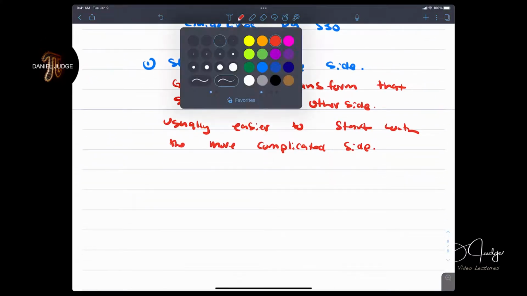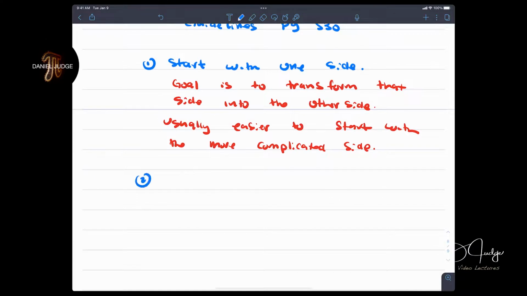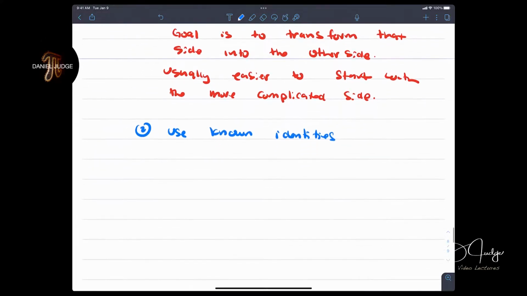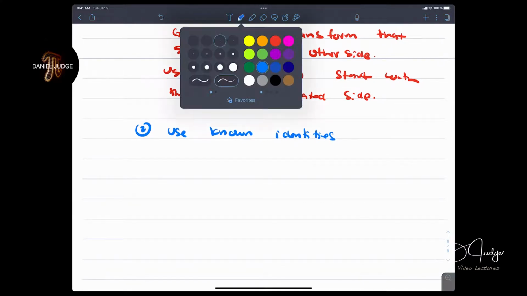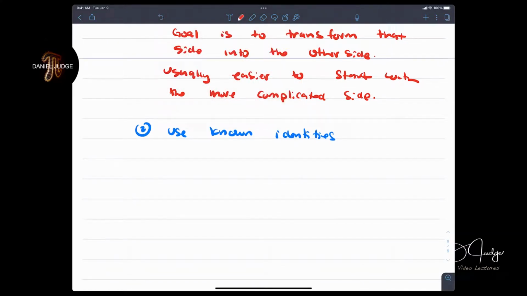And here's the second guideline. They say, use known identities. That's what we were doing. Using the known identities from that identity sheet. Okay? And so here's what they're going to say. Use algebra and the identities you know to change the side you started with.